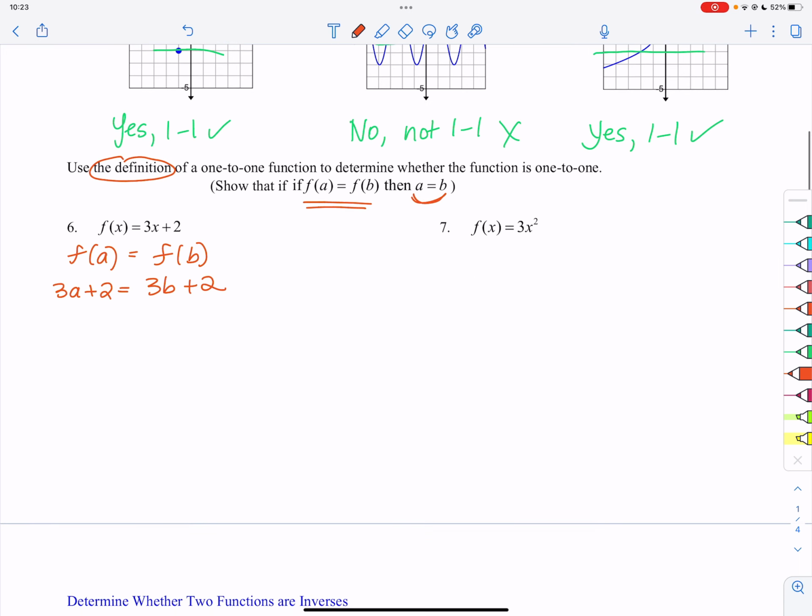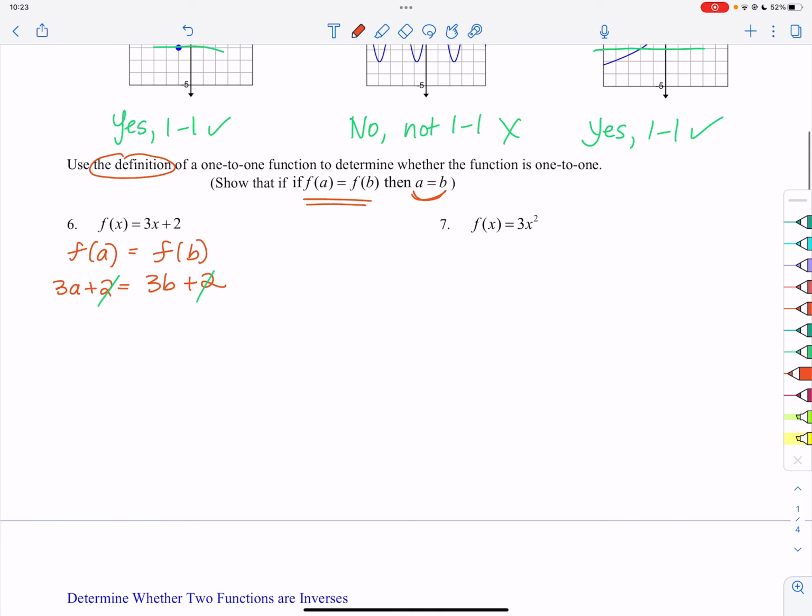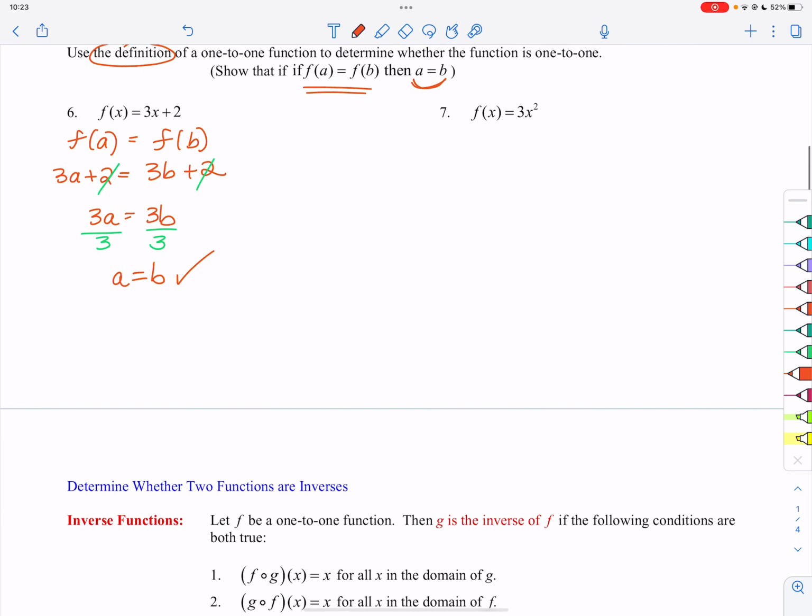We'll subtract 2 from both sides, and we have 3A is equal to 3B, and we'll divide both sides by 3. As you can see, we have A is equal to B. Therefore, yes, we have a one-to-one function.